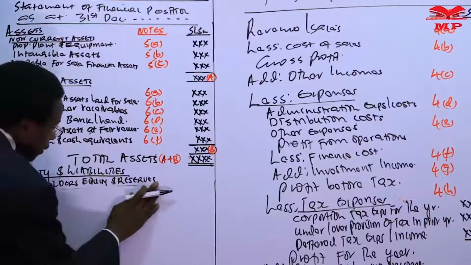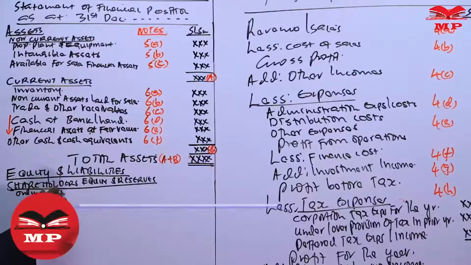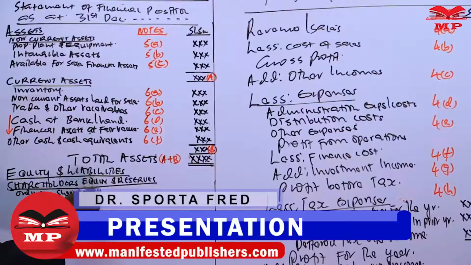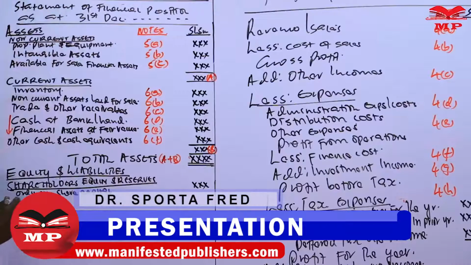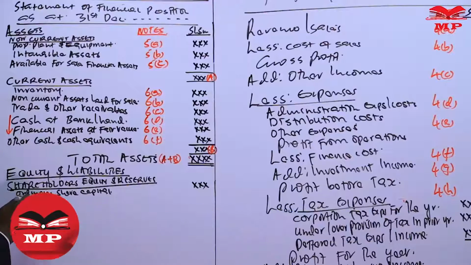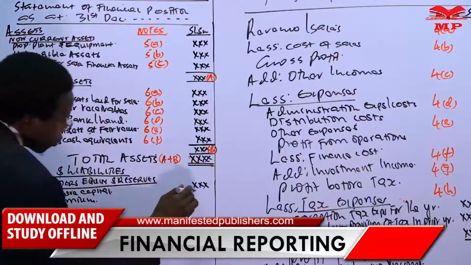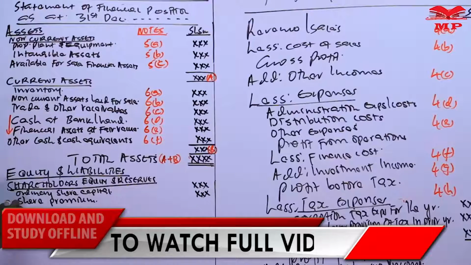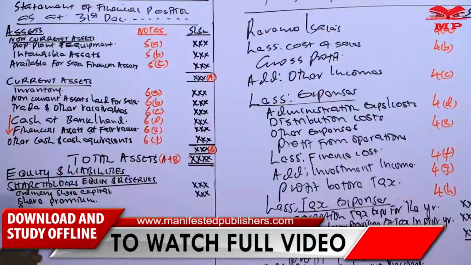One of the items of the shareholders equity and reserves will be ordinary share capital. Ordinary share capital, you recognize it here. We also have share premium. You recognize it here. We also have retained earnings, simply the items that we got from our statement of changes in equity. We have the retained earnings.